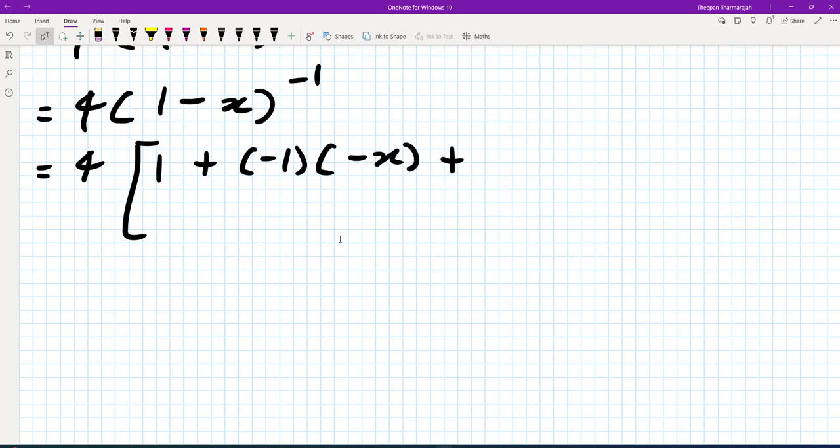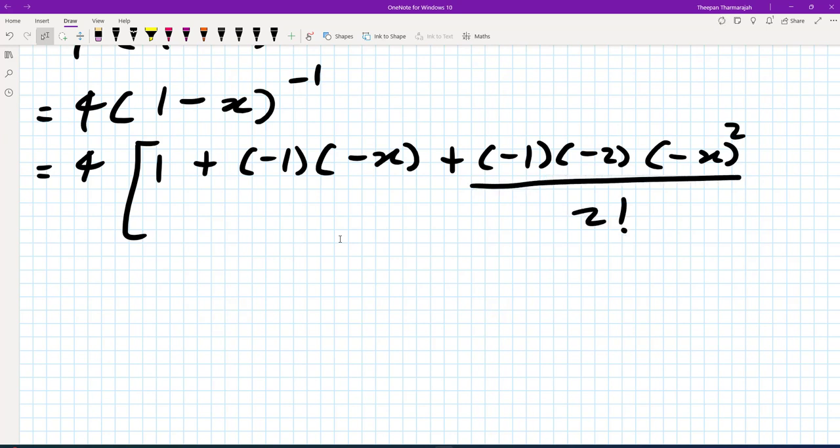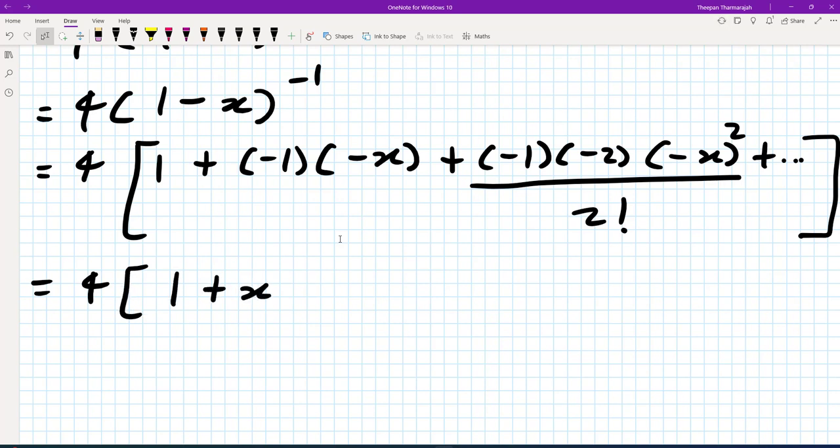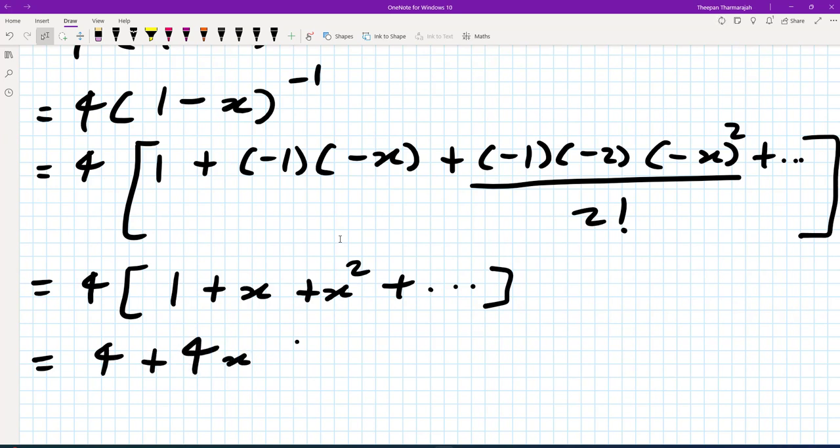And we only need to go up to x squared, so it's minus 1 times minus 2 times minus x all squared over 2 factorial, plus other terms. And that will give me 4 times 1 plus x plus x squared plus other terms. And that will give me 4 plus 4x plus 4x squared plus other terms in our series.